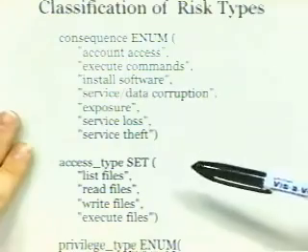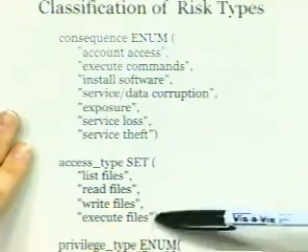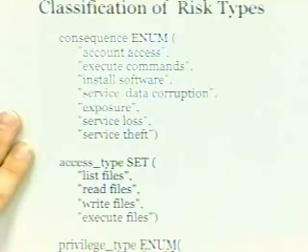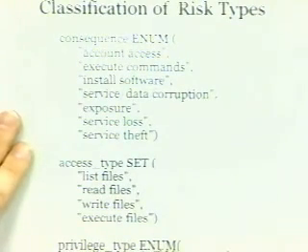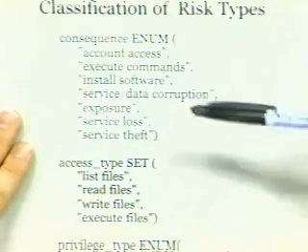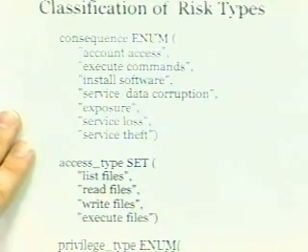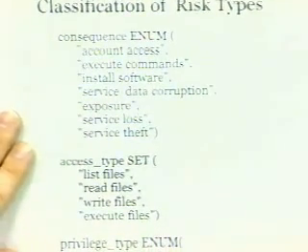There's also the access type that you gain, which is of course relevant mainly if you have account access. And then the privilege type, which also refers mostly to account access, but it might be that you executed commands with one of these privileges. For example, when there are some vulnerabilities of web servers that allow you to execute commands with the privilege of the web server.